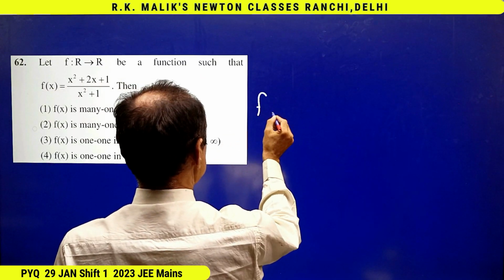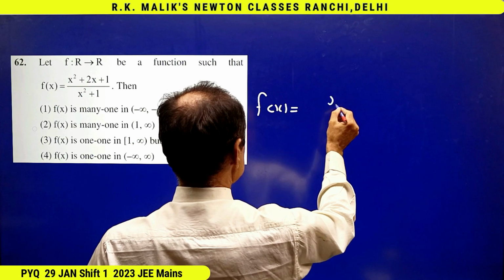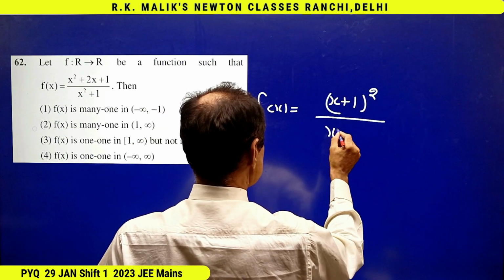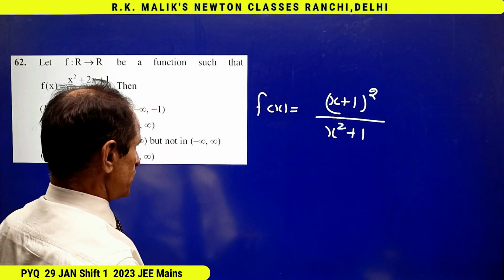It's clear that f(x) is equal to (x plus 1) whole square upon x square plus 1.